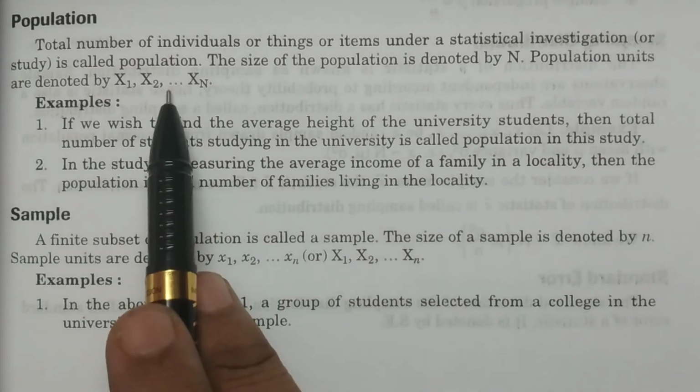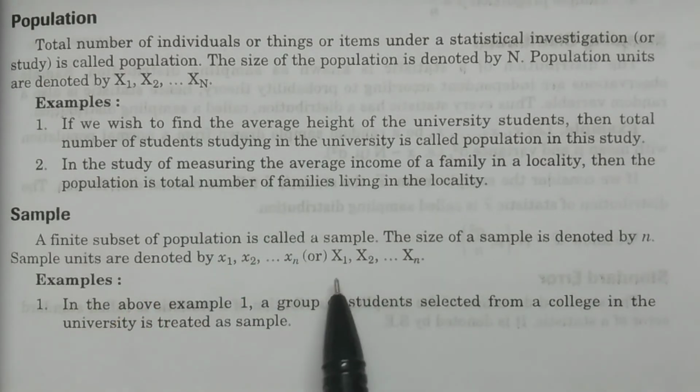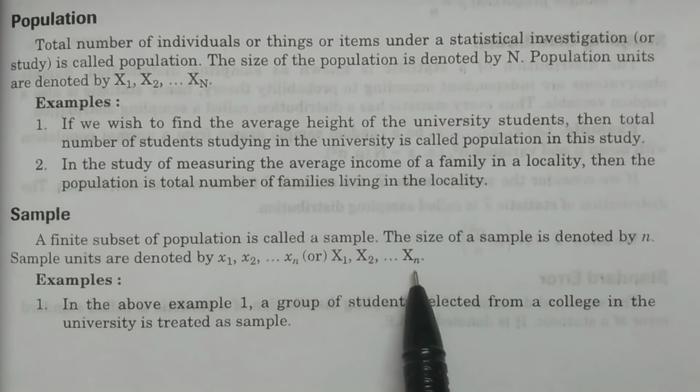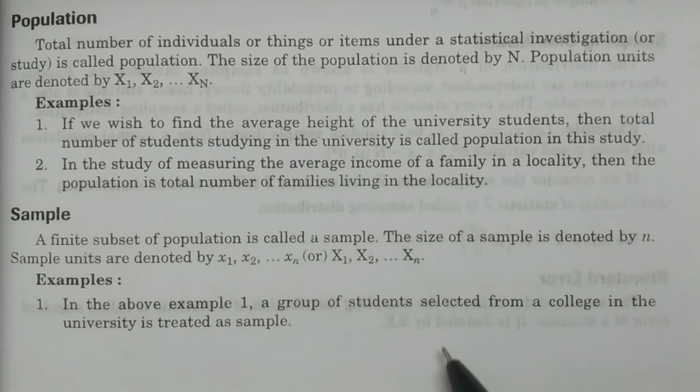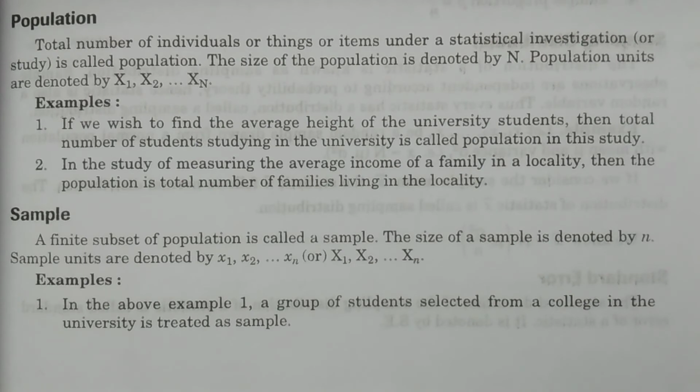Whichever unit is selected from the population into the sample, we consider capital X1, capital X2, capital X small n. Small n is an indication of how many units are there in the sample. That's all. It is drawn from the population. You have to remember it in that fashion. Hope this is the maximum explanation I have given you.